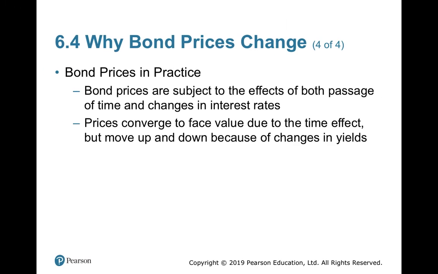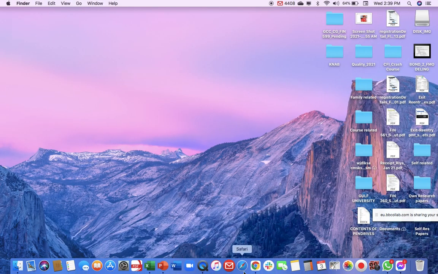So these are the characteristics. Prices converge to the face value due to the time effect, but move up and down because of changes in the yield. So this is all about bond price change. Let me stop the recording, then we will take the question and answer.